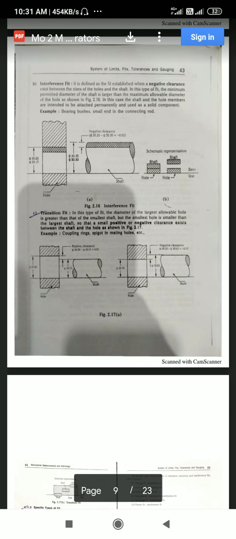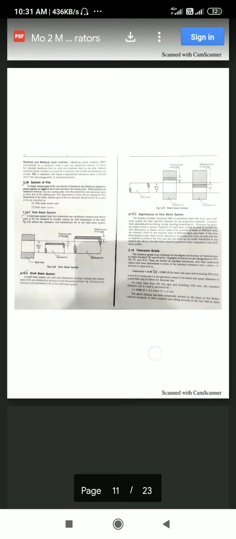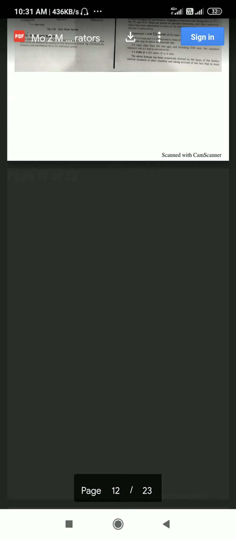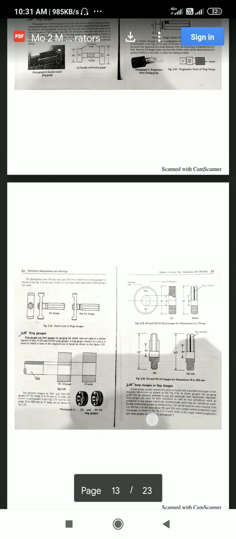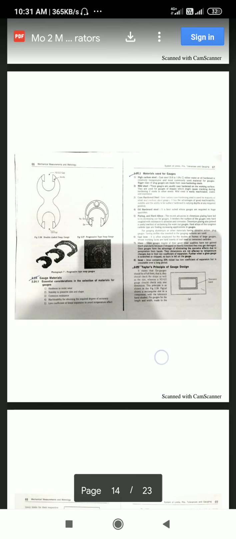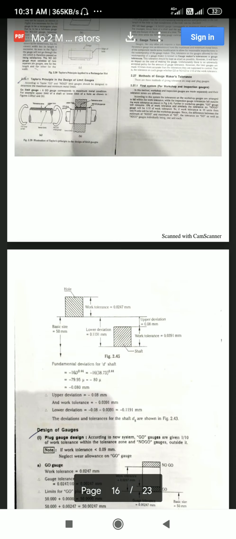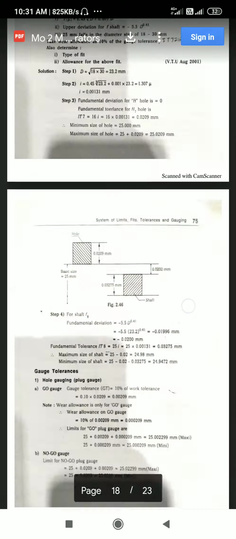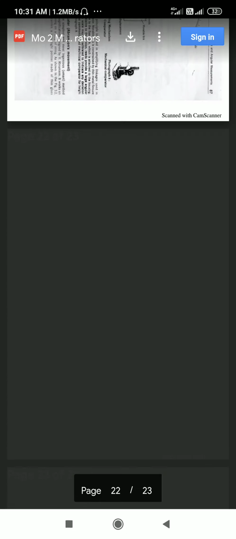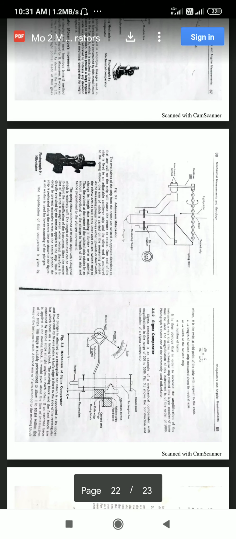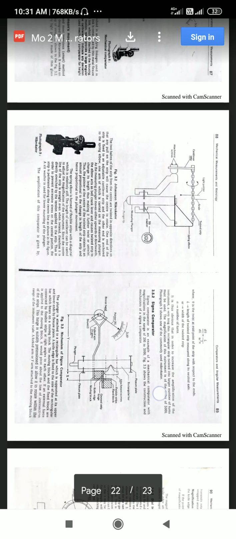That small spindle rotates and makes the needle move from this end to that end. Such movements are done by the needle with the help of this small gear mechanism. These types of movements are called magnifying movements. The same thing is done in the comparators also.